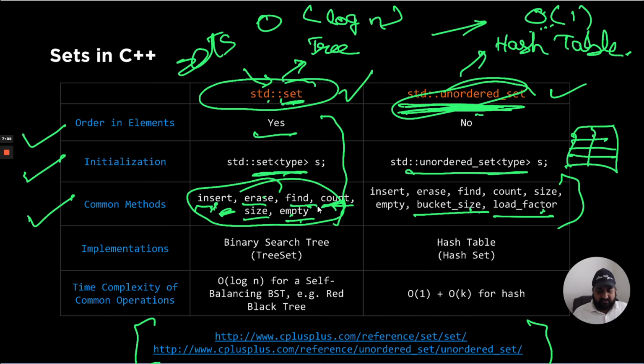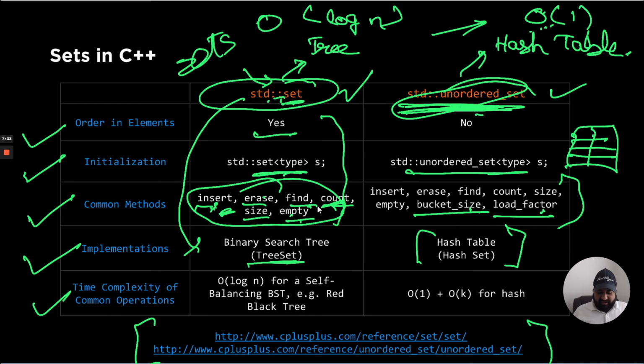we start hash tables. Now, the typical implementation: the set in C++ is backed by binary search trees, and the current implementation uses red black trees to implement the ordered set. In Java it's called a TreeSet, and unordered sets are backed by a hash table, also called a HashSet in Java.